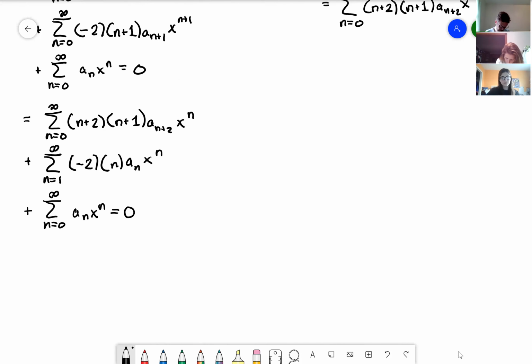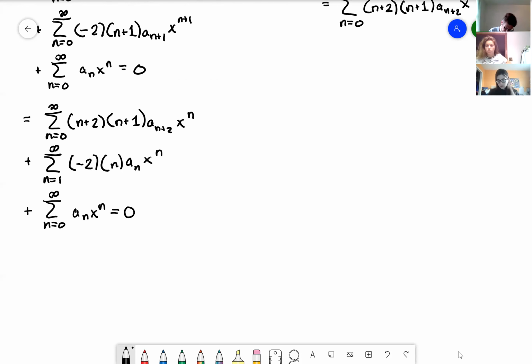Now, something that I've found is kind of helpful is that I will make sure that all of these series start off at the same value for the index by pulling out the initial terms.